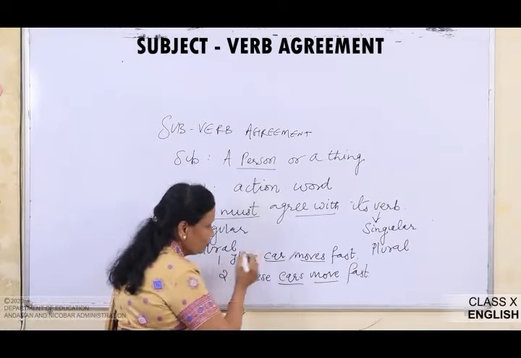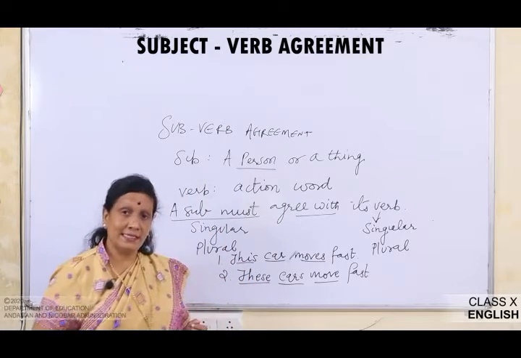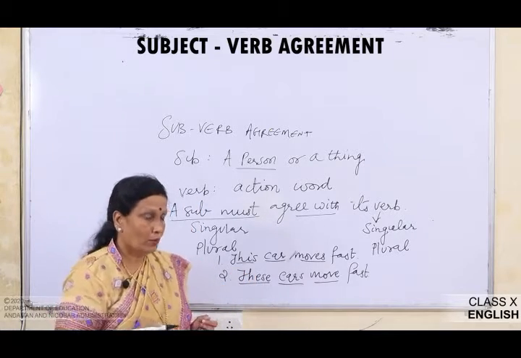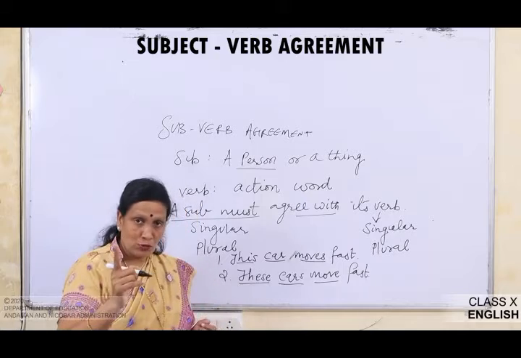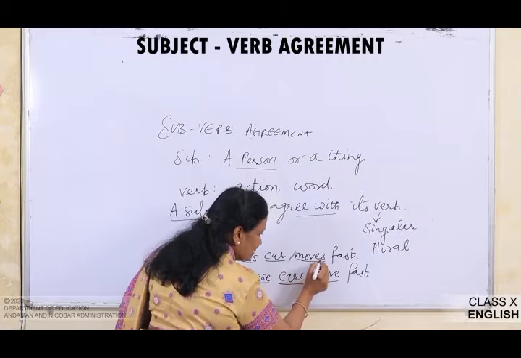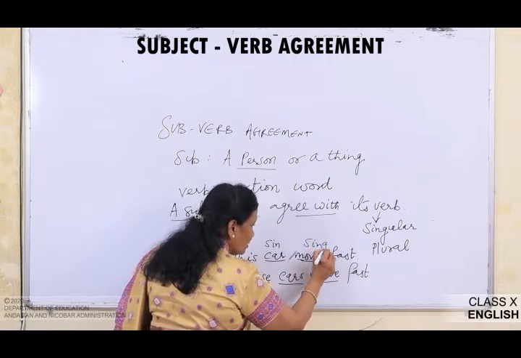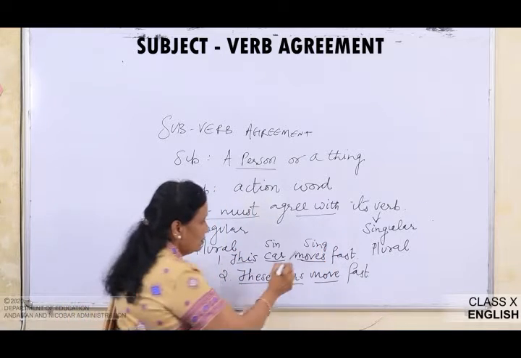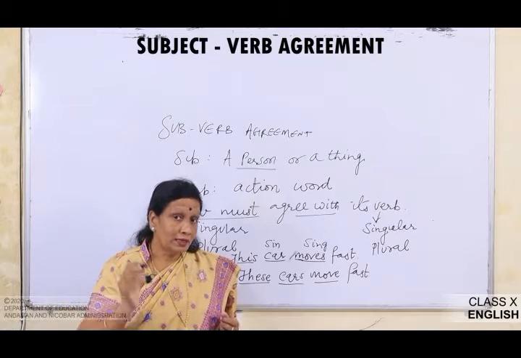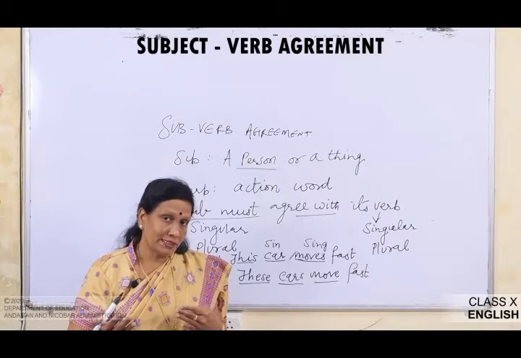Now when we look at the first sentence, this, and here it is these. Okay. Now this we use for singular, and car. Here it is one car, we are talking about one car. So that is why this car is singular, and here the verb move, it is also singular. Children, you might have learned about the singular and plural forms.